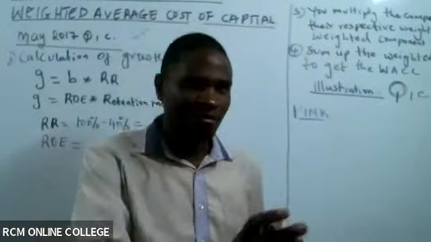Return on equity formula, of course, they will be dividing the net income. So itakuwa given by net income divided by shareholders' equity, and that will be very nice for us.